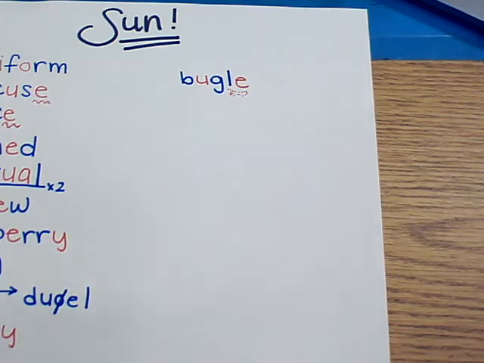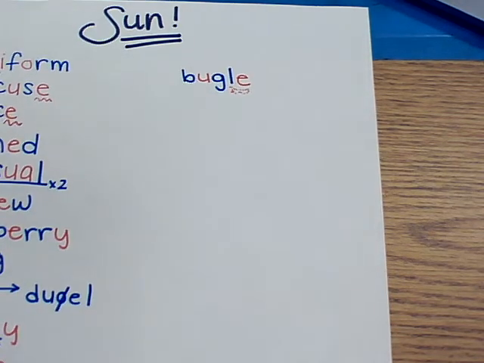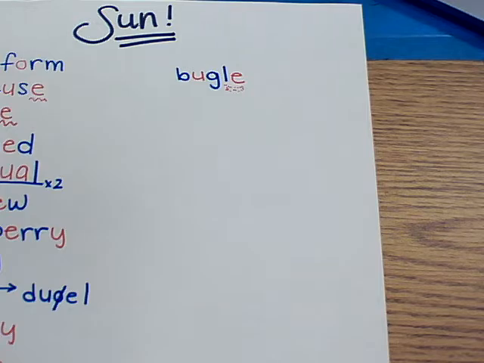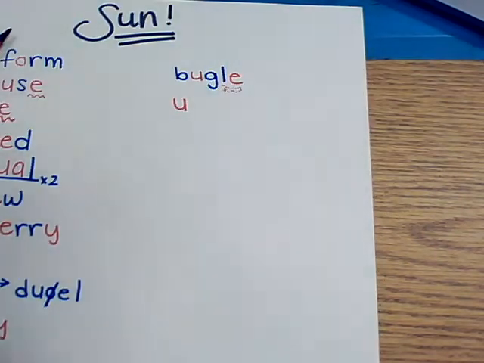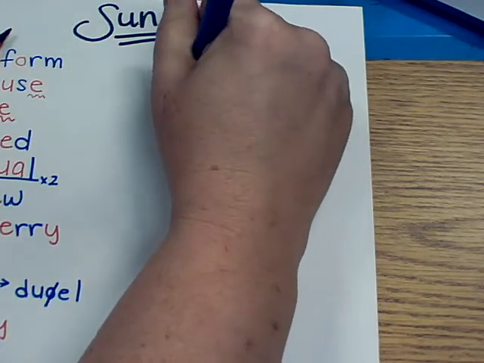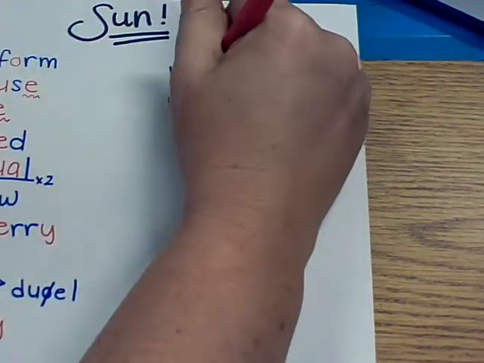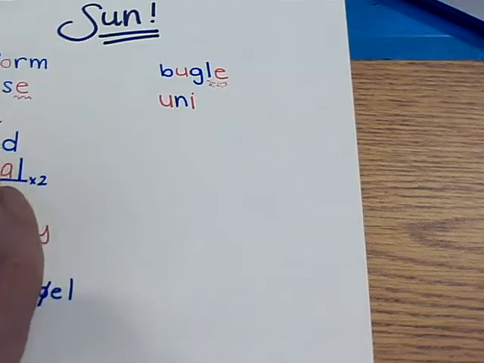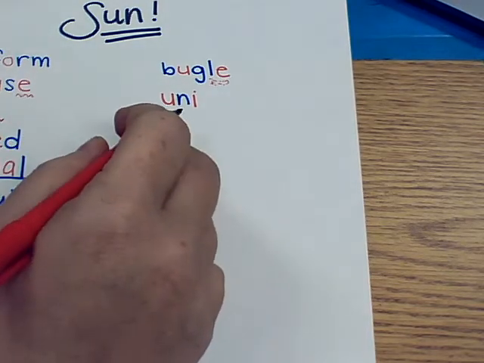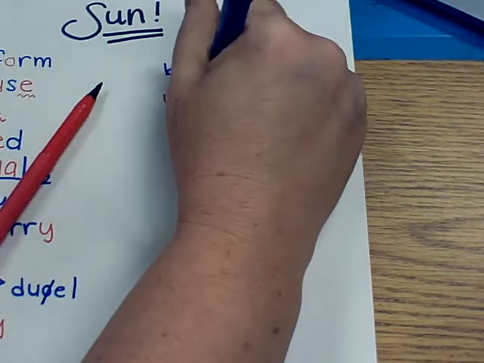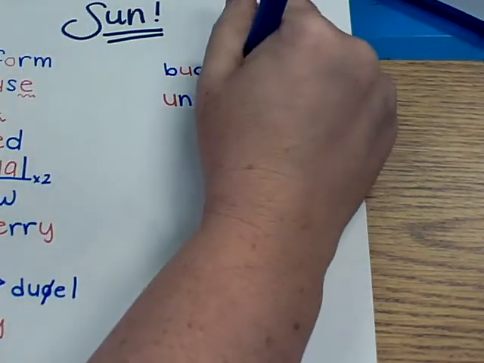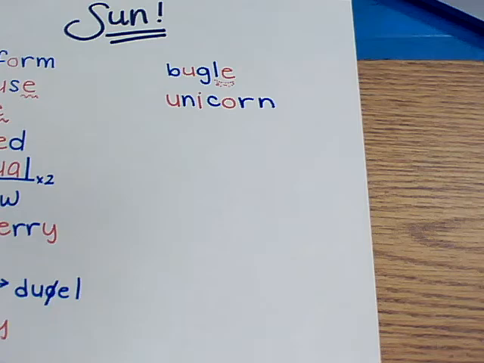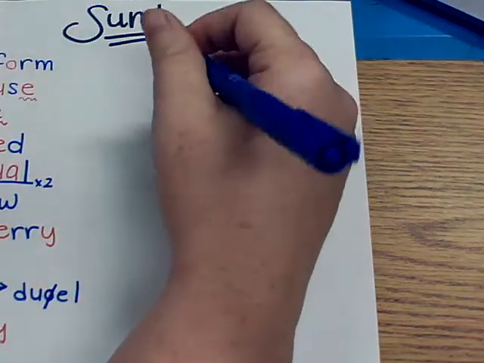We also have unicorn. I shouldn't have to probably even go over this word. So many of you probably love unicorns, but you know how to spell this easily. So we have U-N-I, so uni usually means one. Unicorn. C-O-R-N. Unicorn. Then we have music.